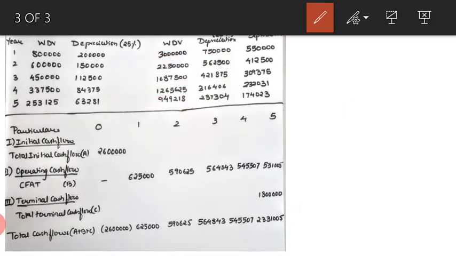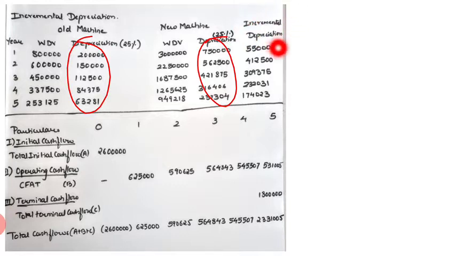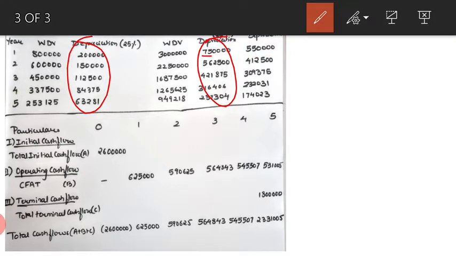Now once you have calculated depreciation for the old machine and depreciation for the new machine, we have to go ahead to calculate the incremental depreciation. Now how do we calculate incremental depreciation? It is depreciation on new machine minus depreciation on old machine.